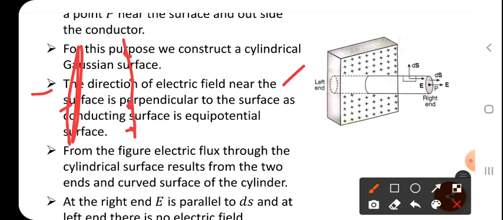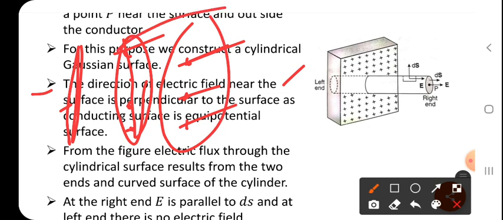So this line is called an equipotential line. The potential here and here are different, but the potential at these points is the same, so it is also equipotential, but these equipotentials are not equal.